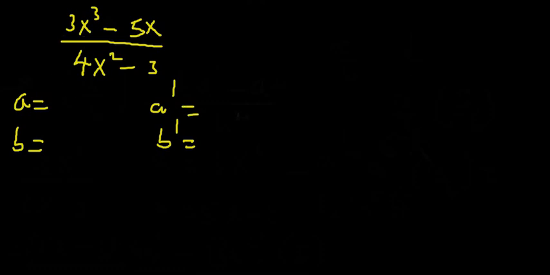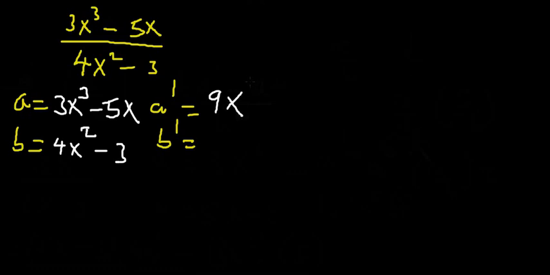So in this case, a will be 3x cubed minus 5x, and then b will be 4x squared minus 3. So a prime in this case will be 9x squared minus 5, and then b prime will be 8x.